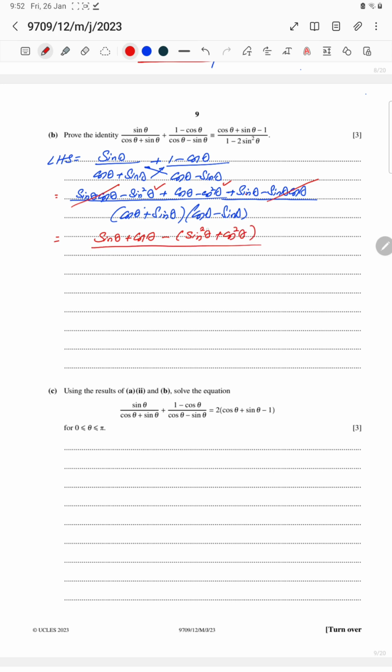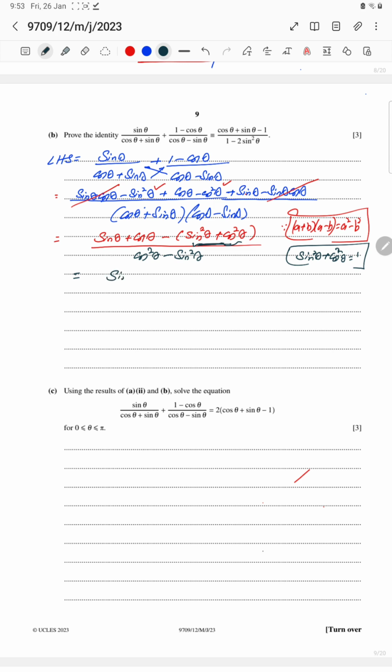In the denominator we have the identity (a plus b)(a minus b) equals a square minus b square, which we apply here. It becomes cos square theta minus sin square theta in the denominator. Now we also know the identity sin square theta plus cos square theta is equal to 1. So this becomes 1.